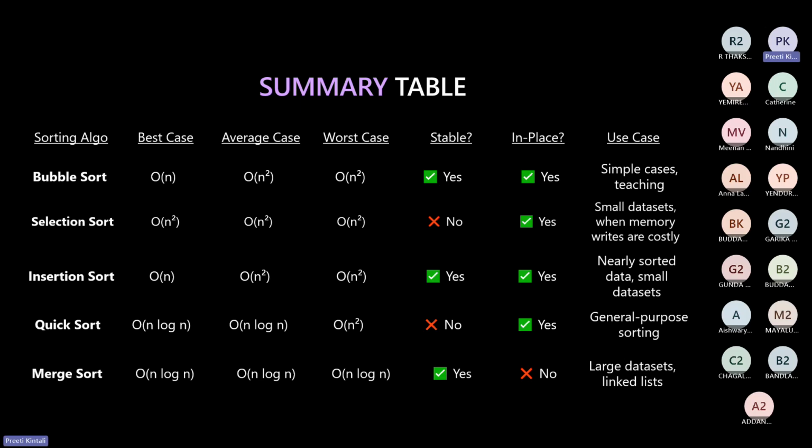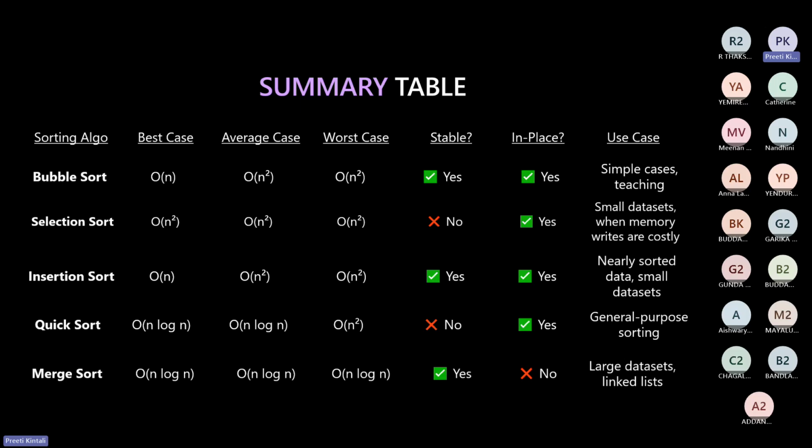but merge sort is n log n always. It is also stable. For this, whether it is stable or not, after this session you can try a few examples, taking the same array and trying all the algorithms on that array, and check if you take the same elements whether their order is changing or not.